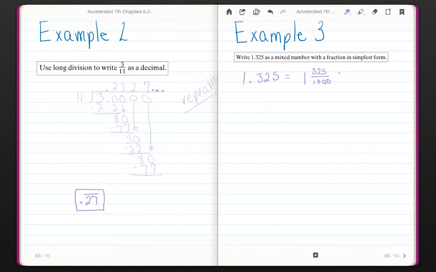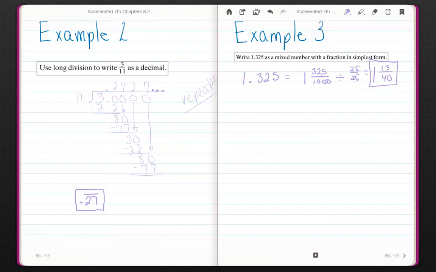I'm going to divide the fraction by 25 over 25. Now this 1, this whole number, it comes with it. I'm only dividing the fraction. So I'm left with 1 and 13/40.